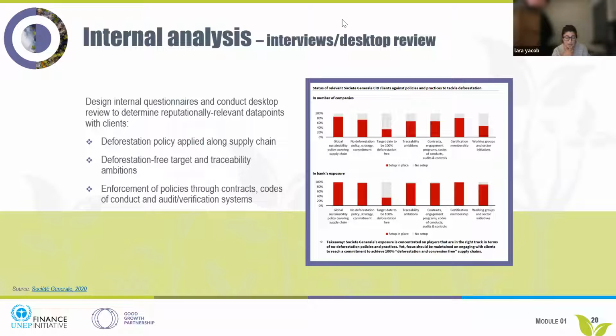And the example here is from Société Générale, which implements in their questionnaire, as a best practice or standard, asking new clients or potential clients to report on a range of issues relating to deforestation policies and legal compliance, particularly with respect to national law where they're domiciled. Next slide, please.